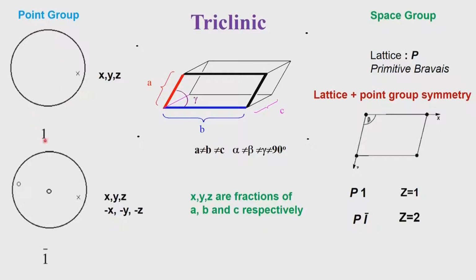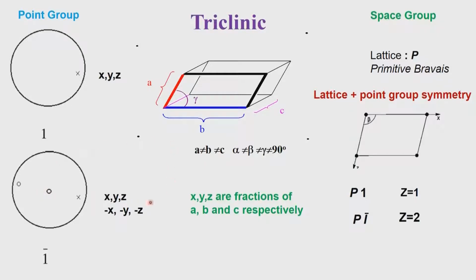That is, in the case of the point group 1, there is only one set of such things, and in the case of 1 bar, we will have a center of symmetry related equivalent point for every point. That means the center of inversion will be present on the set of objects which are represented by x, and the set of objects represented by the open circle here will represent that we do have a center of inversion.